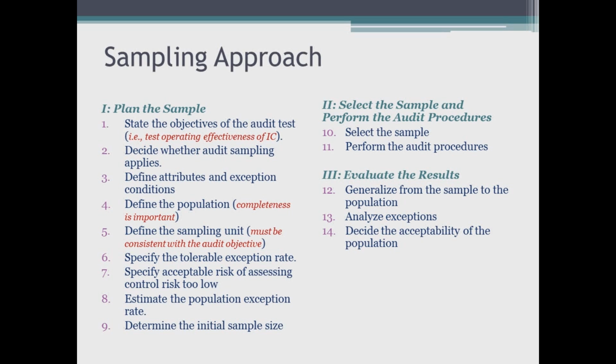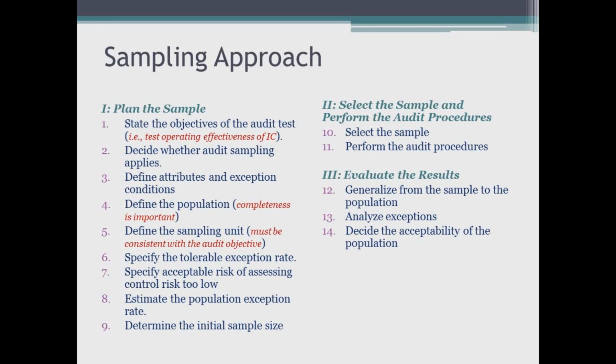So if you take a look at table 14.3, attributes defined is the name of the table. Attributes defined, test of Hillsburg Hardware billing function. So this is an example of the attributes related to the billing function for Hillsburg Hardware.